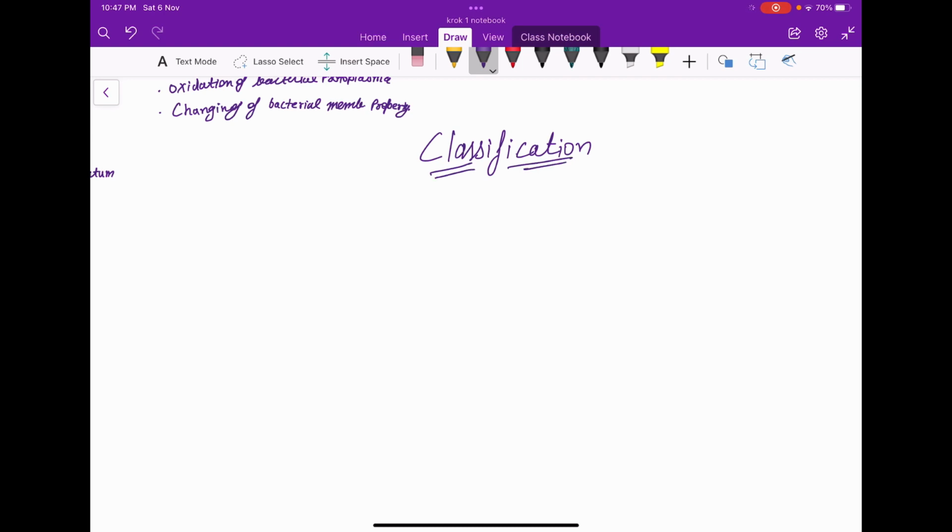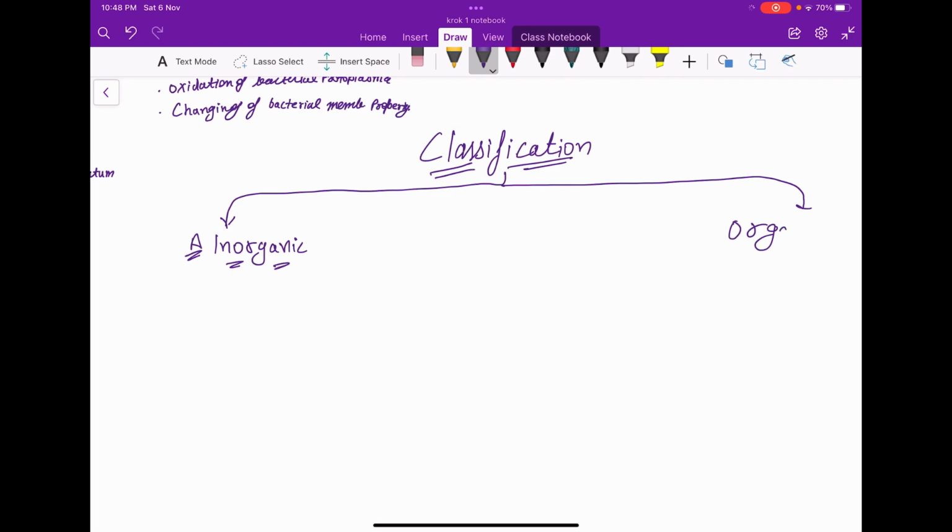According to the Bobyrov book, it can be classified as inorganic, and the second type is organic. So guys, let's move into inorganic.